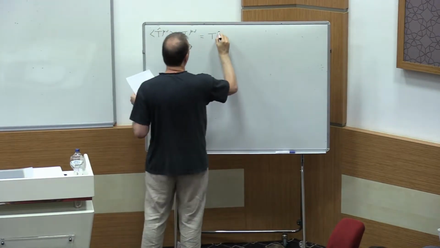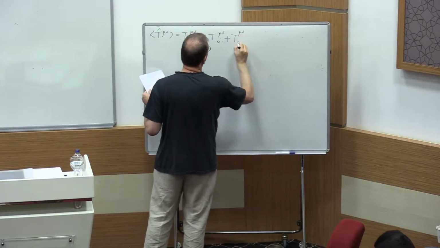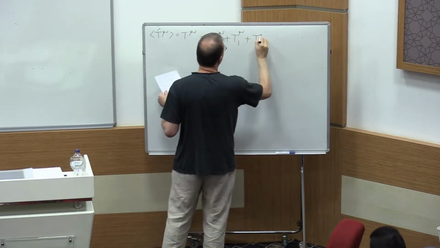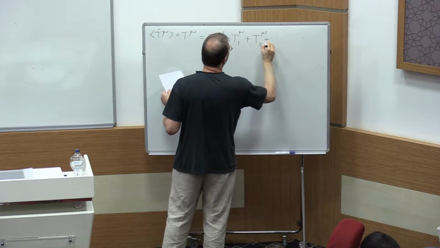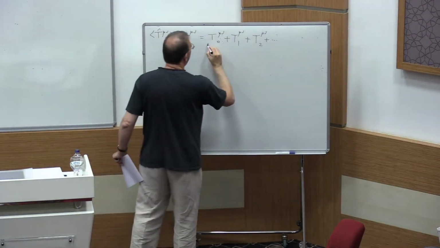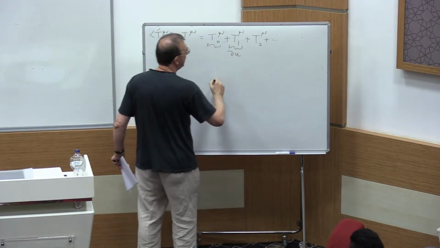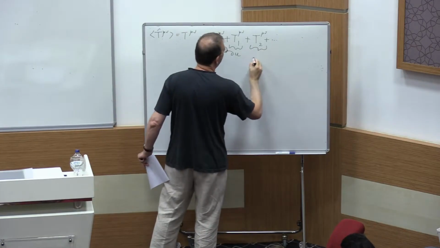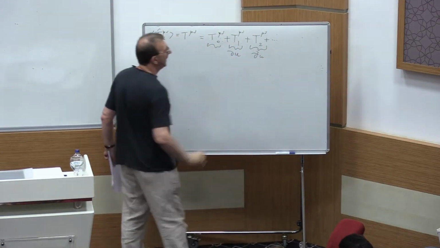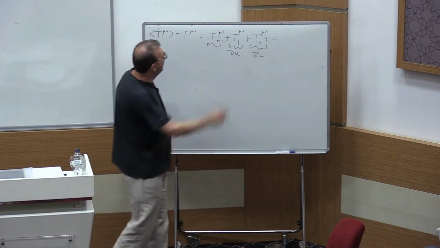It started with T^{μν}_0, and then T^{μν}_1, and this subscript 0, 1 and 2 and so on indicated the number of derivatives involved in the particular term. So there are no derivatives here. There is one derivative, so this involves ∂u, and these terms involve the second derivative of u with respect to x and t, and so on.